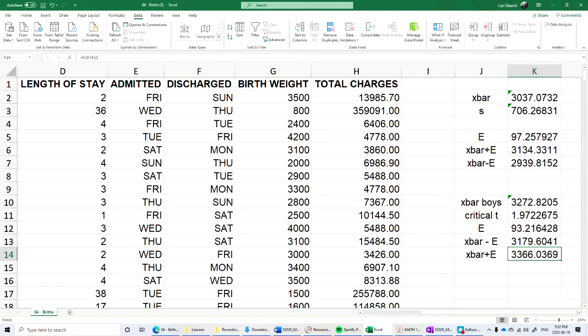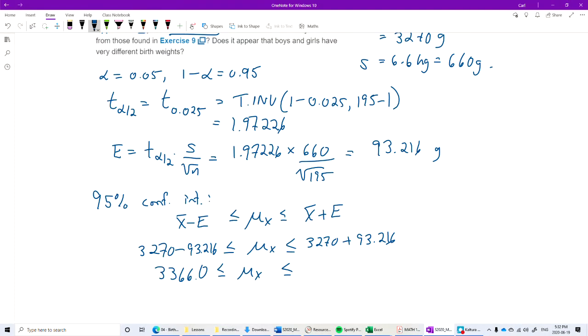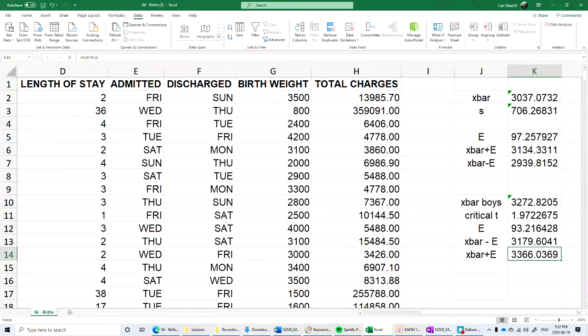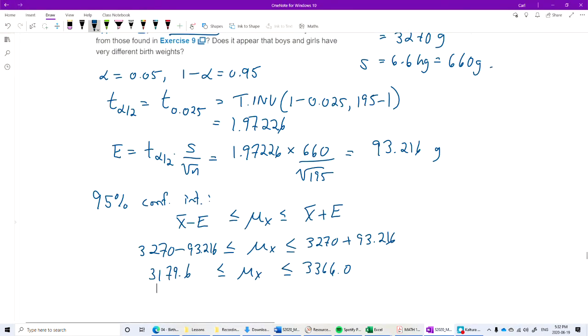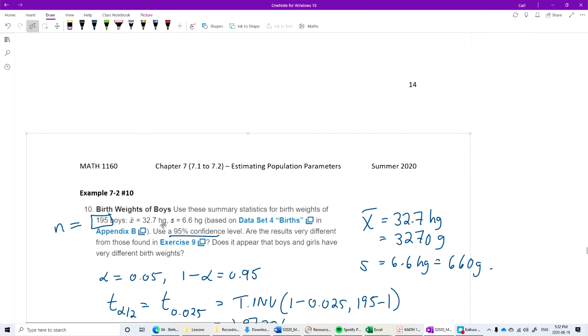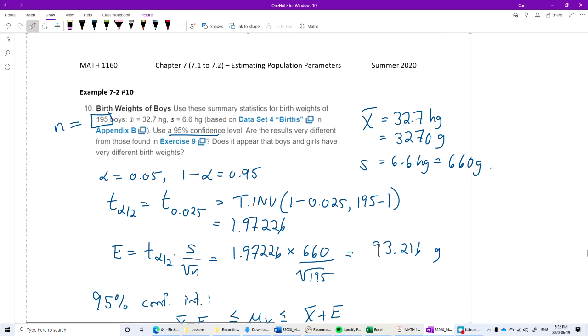Oops, I put it in the wrong spot. 3179.6. This should be here. This is 3179.6. Okay, so now we need to round it appropriately, right? So we need to round it so that it has the same number of digits as the given sample statistics, which was, well, it depends.